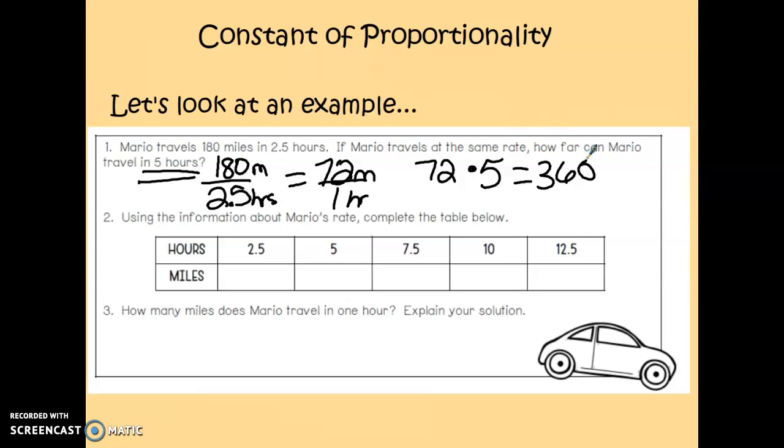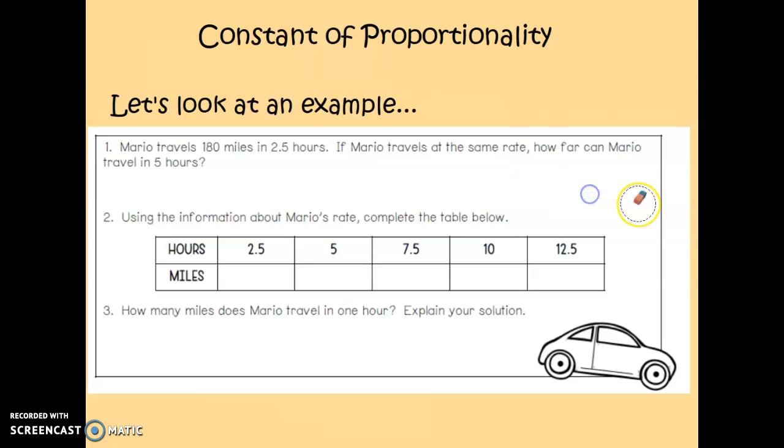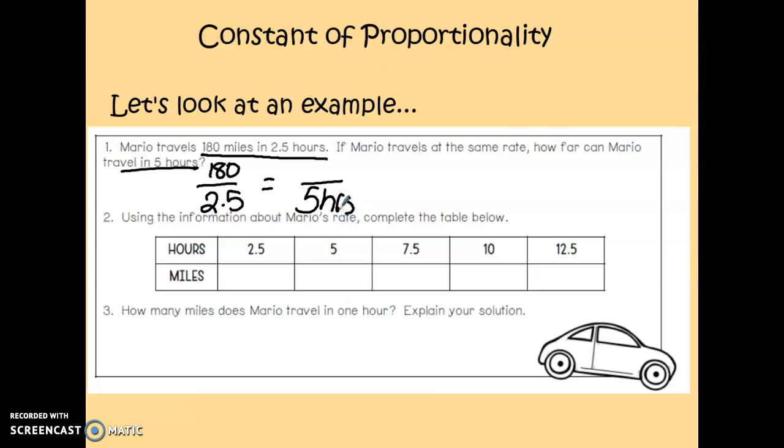Now, I'm going to show you an easier way where we're setting up proportions. There's two ways to solve these proportions depending on what they look like. So I'm going to erase this work. Now there's three different ways that I'm going to be teaching you to do this. So start with our initial ratio again, 180 over 2.5, and we're trying to find out how far he can travel in 5 hours, so I'm going to put a 5 on the bottom instead of a 1.